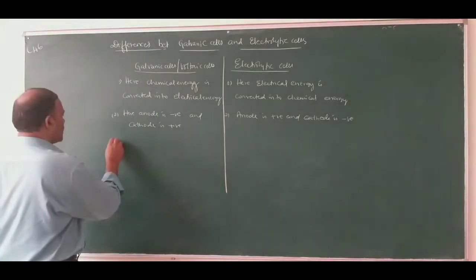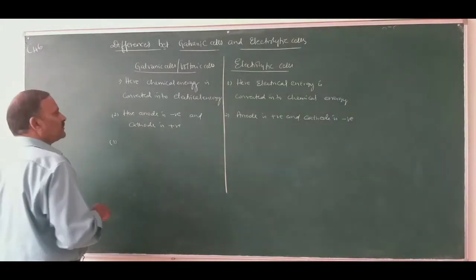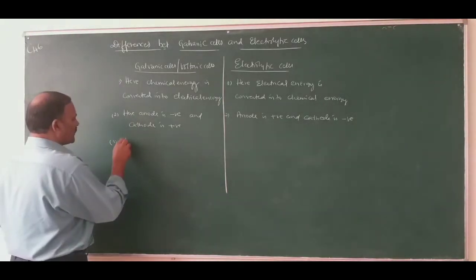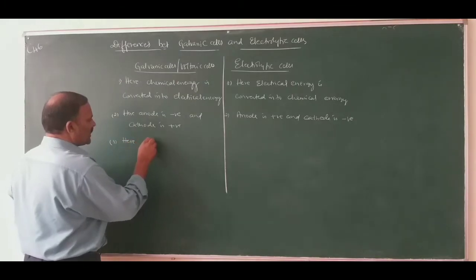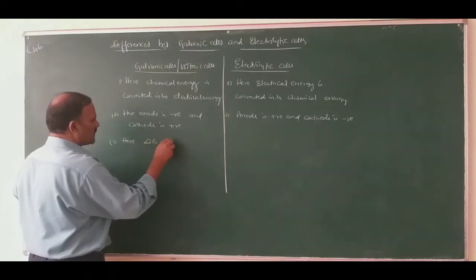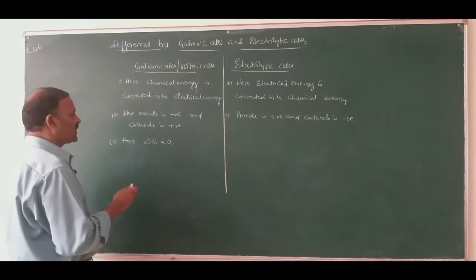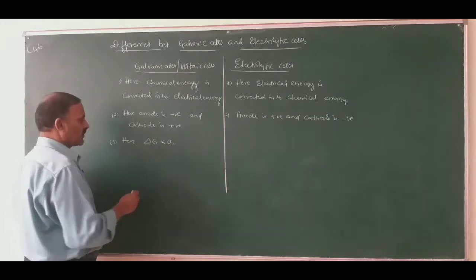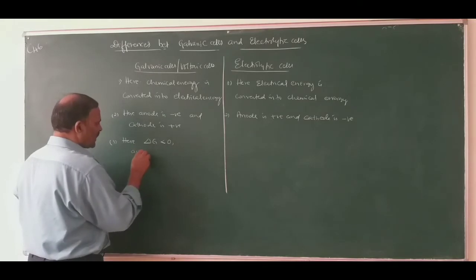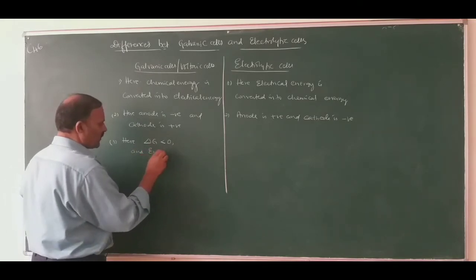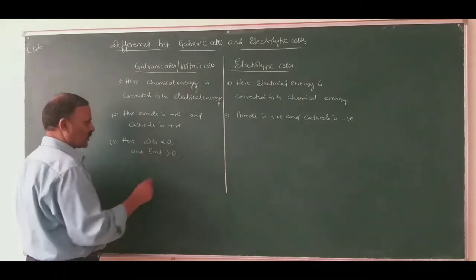So what is the third difference? Here delta G is less than 0. That means the free energy change is negative and the EMF of the cell is greater than 0.